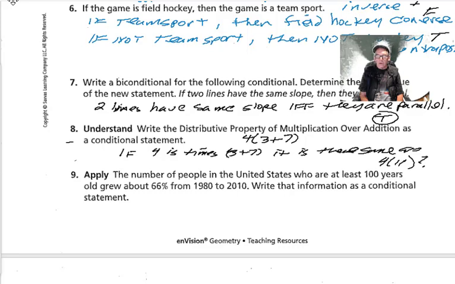The number of people who are at least 100 years old grew 66%. Write that as a conditional statement. If you're at least 100, that doesn't have to be a true statement, then your population grew about 66%.